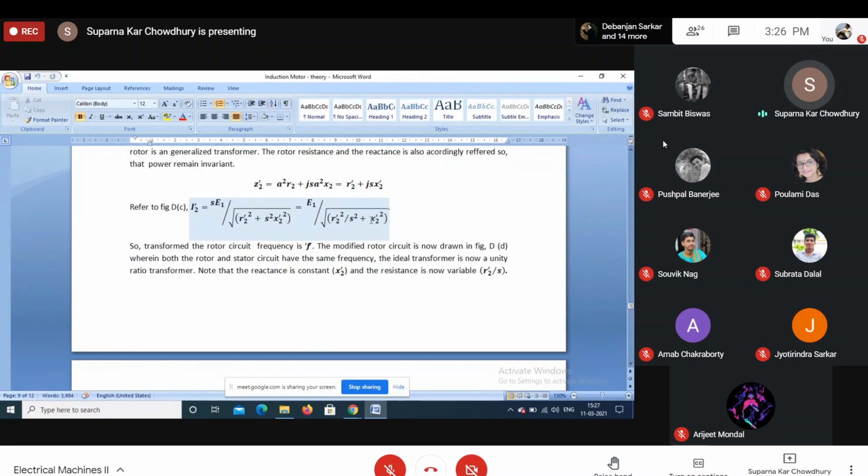But here you can see that this is basically at the supply frequency, only that now it is a variable resistance circuit. As slip changes, the effective resistance of the rotor will change.